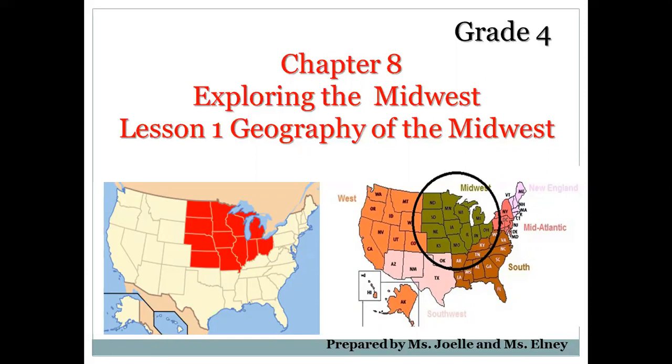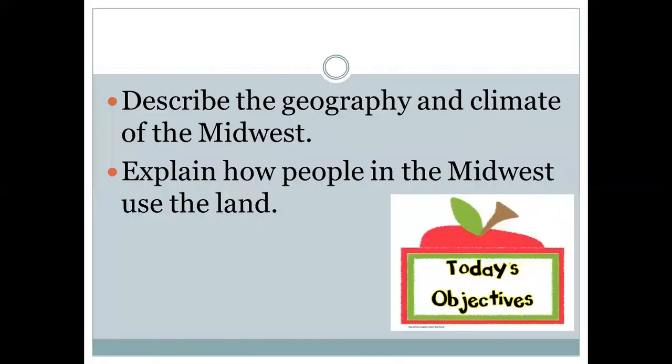Now fasten your seatbelt because we're going to explore the Midwest. The one here highlighted is the Midwest. In this chapter, you are going to learn about its geography, its history, and climate. Now let me introduce the lesson's objectives. First, describe the geography and climate of the Midwest.